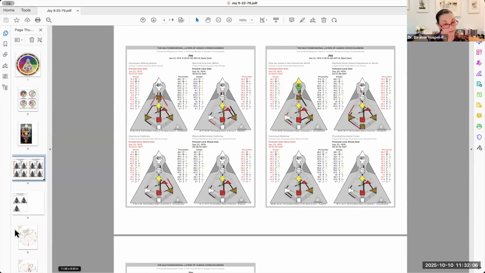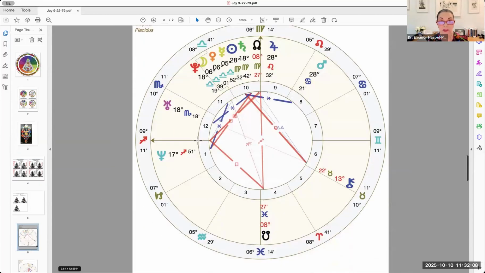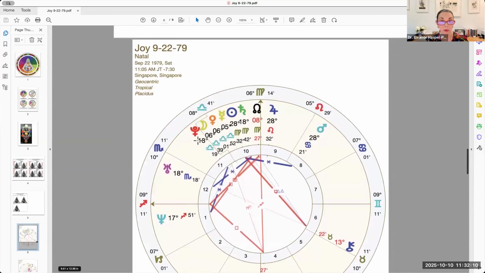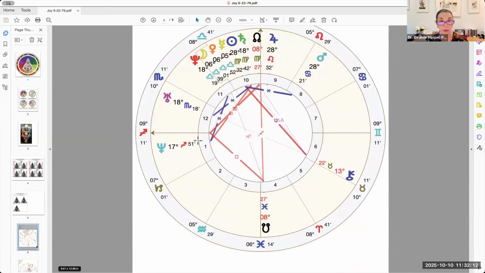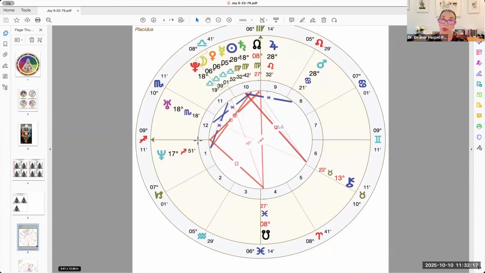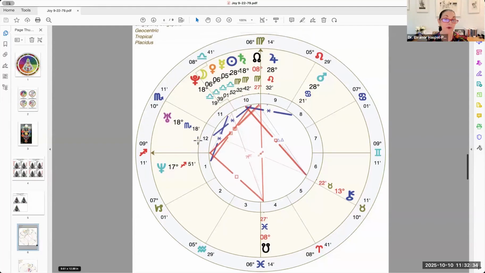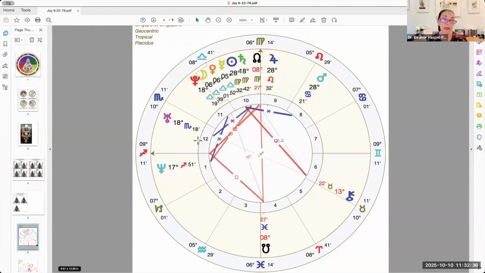My guess, and let's look at your astrology. You have your sun in Virgo, your moon in Libra, and your ascendant in Sagittarius. Now, you have your North Node on your midheaven.